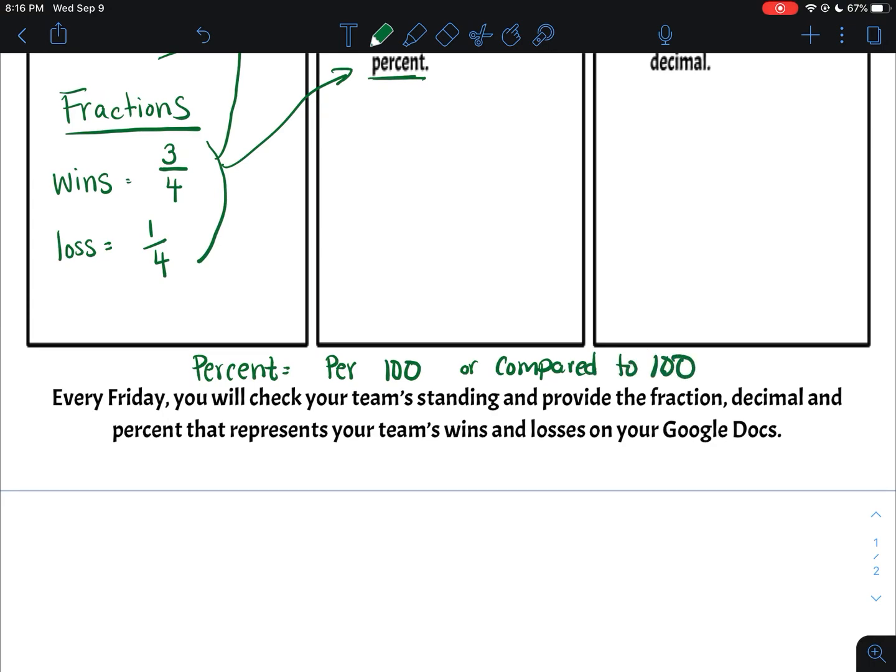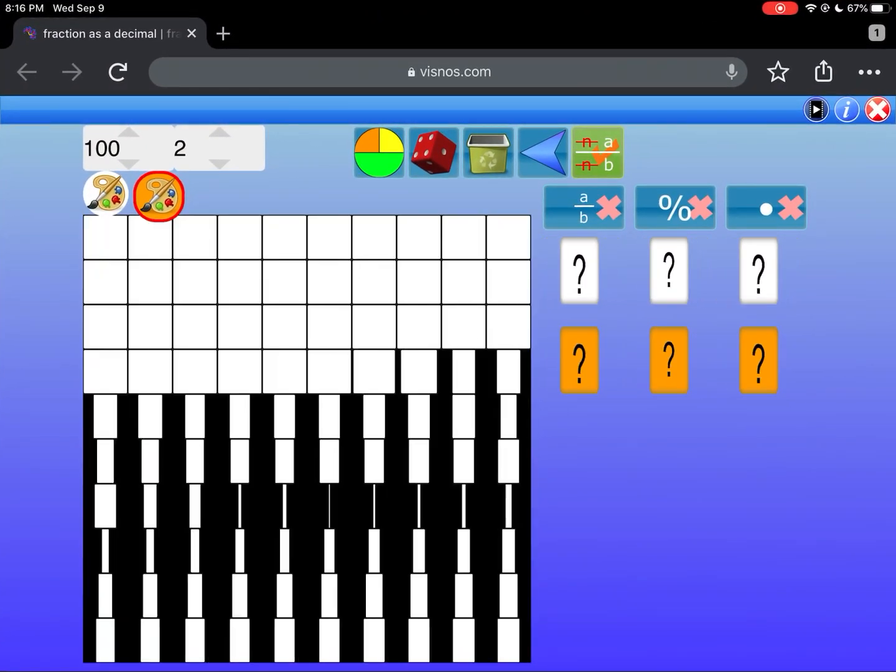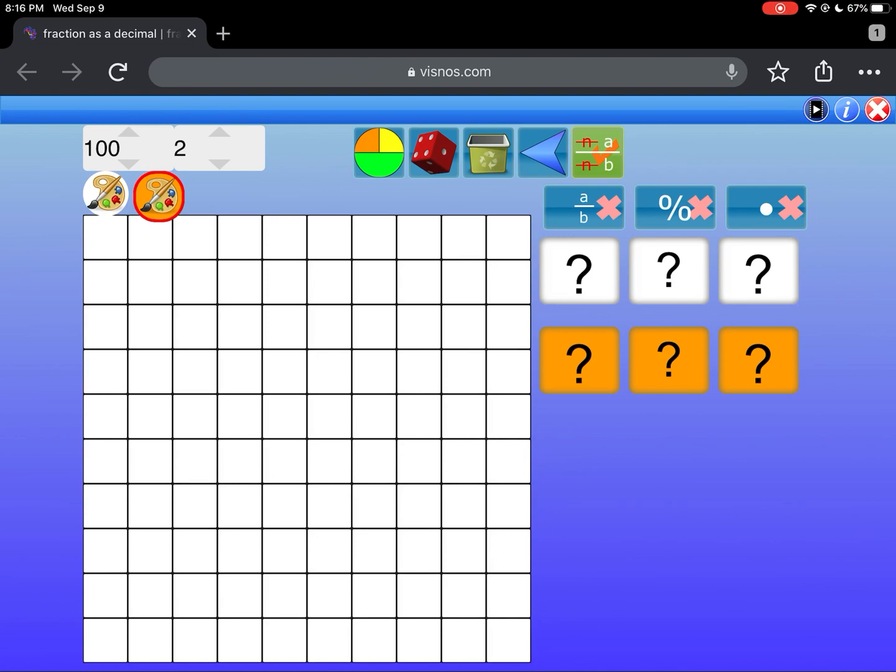So it's always a number out of 100. I'm going to share this link with you. It's really cool to play with and make a design with. This is a 100 grid, and you've worked with these before in math. You can go and color it. If I color 1, 2, 3, 4, 5, I colored 5 of the 100 blocks.